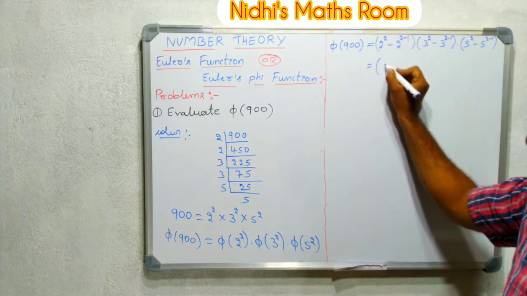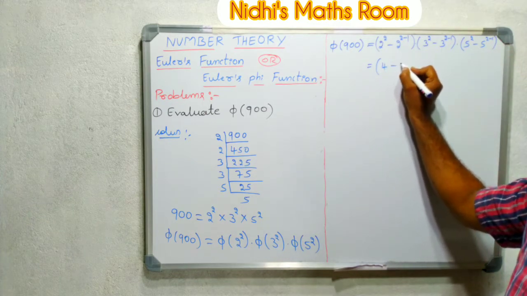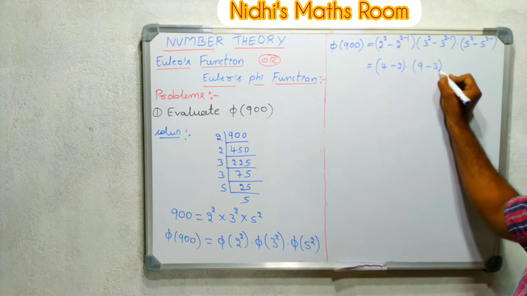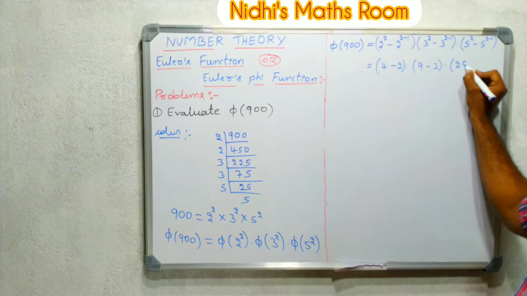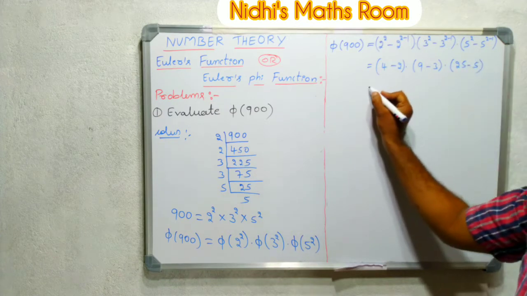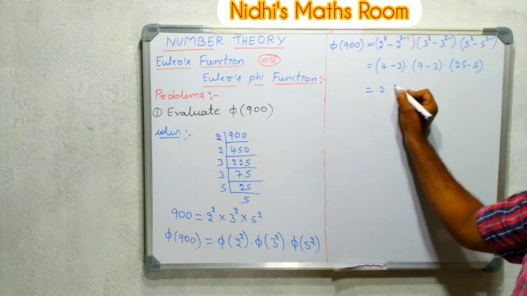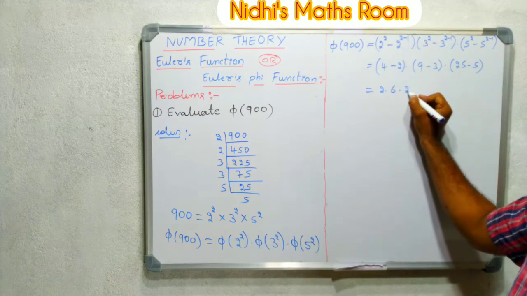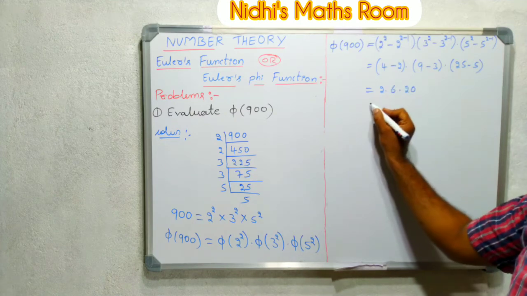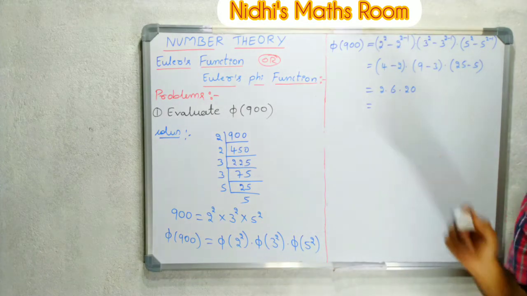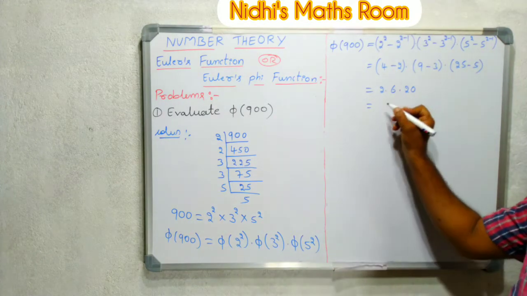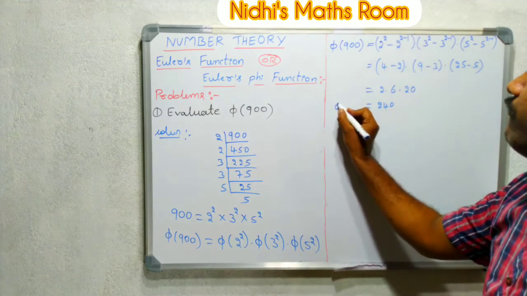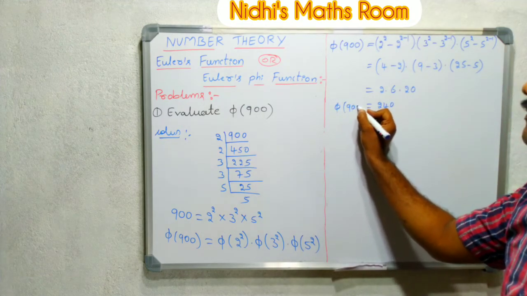Next, further 2 square is nothing but 4 minus 2 into 9 minus 3 into 25 minus 5. 4 minus 2 is 2 into 9 minus 3 is 6 into 25 minus 5 is 20. That is 2 into 6 is 12. 12 20s are 240. This is phi of 900.